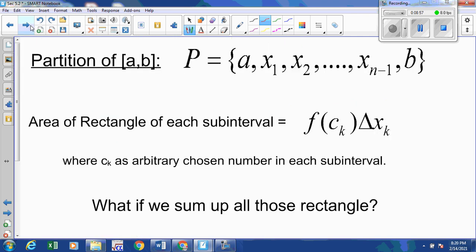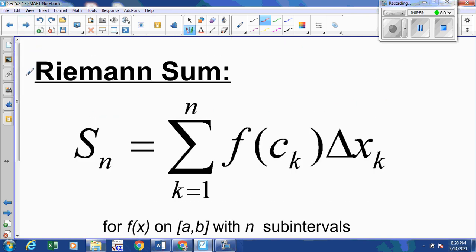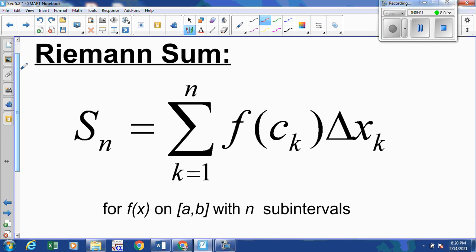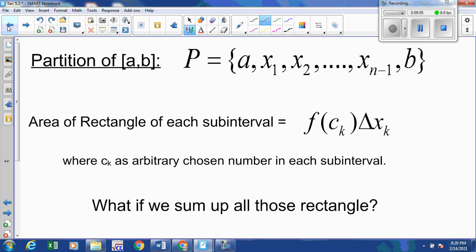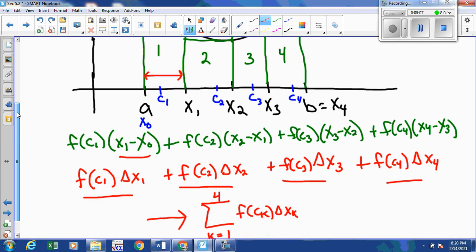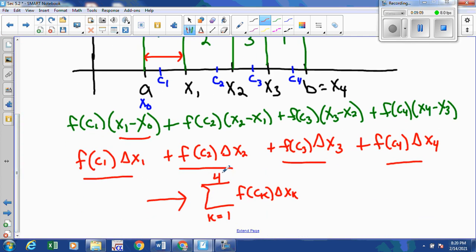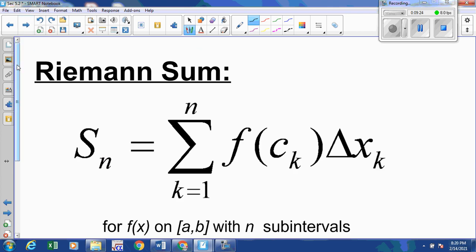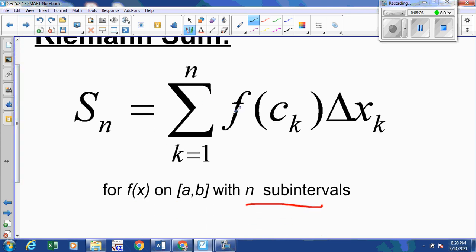And that sigma notation is our Riemann sum for n subintervals. Here we did it for 4, but really we could change this to any number we wanted, and that just adds more terms. The math would be hard to figure out necessarily, but we're just doing this in general here. So I could make this n anything I want, and that is the definition of a Riemann sum.